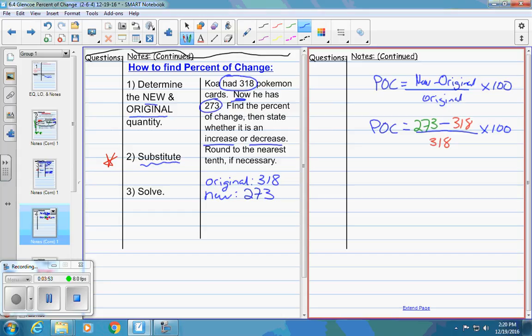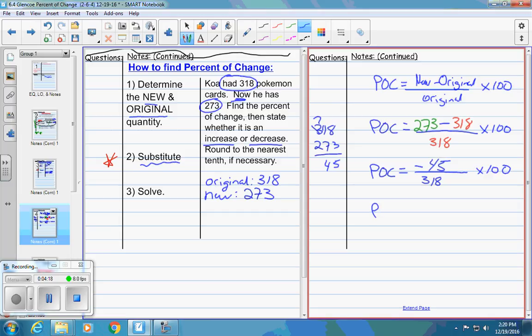Now we're going to follow the order of operations. Our percent of change here equals 273 minus 318. We know we're going to end up with a negative. We always put the larger absolute value on the top before we subtract. And we end up with negative 45 over 318 times 100.